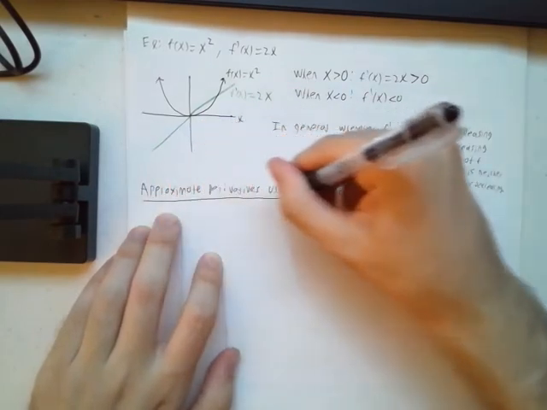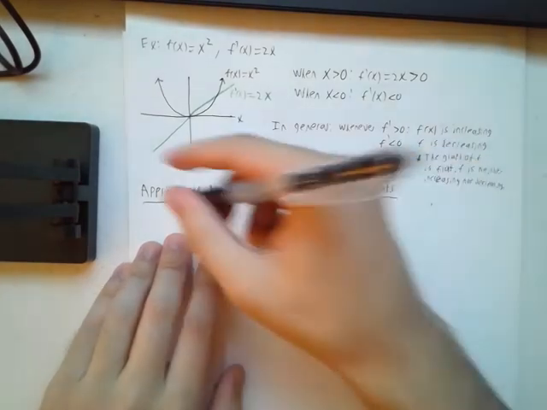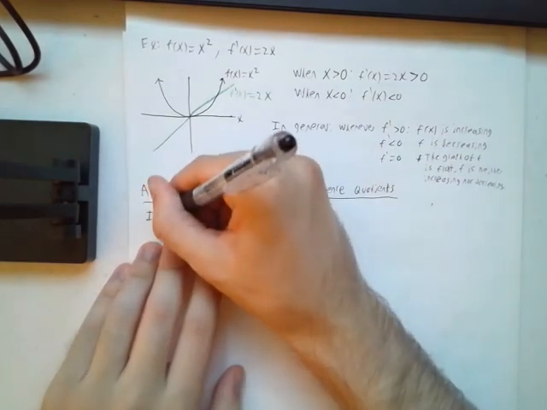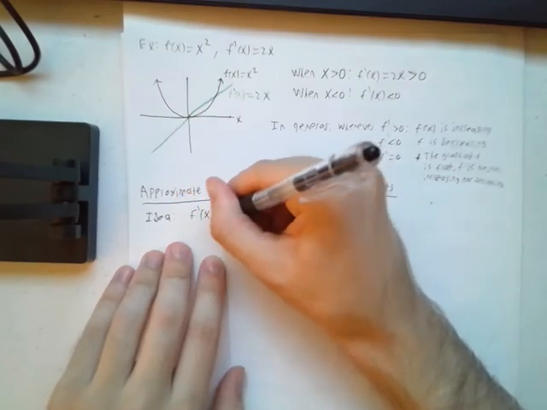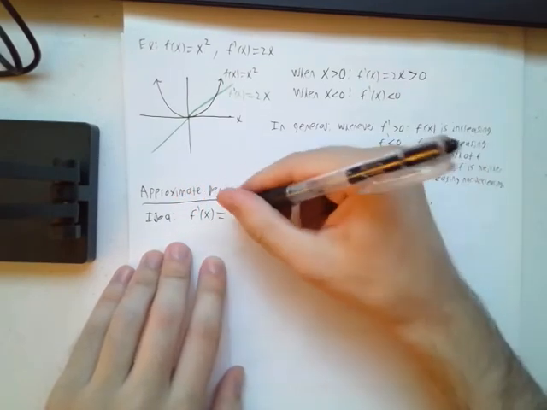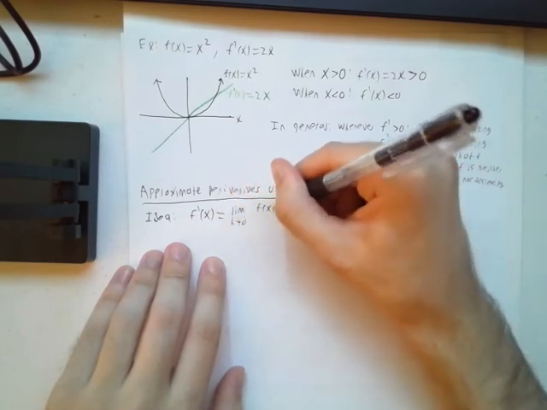So the idea here is that the derivative is going to be equal to the limit as h goes to 0 of f of x plus h minus f of x, divided by h.